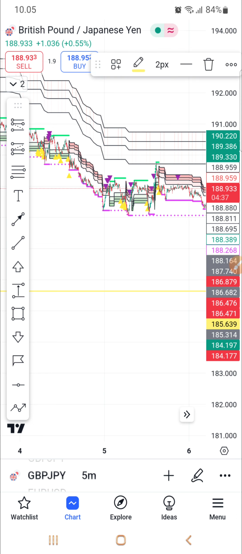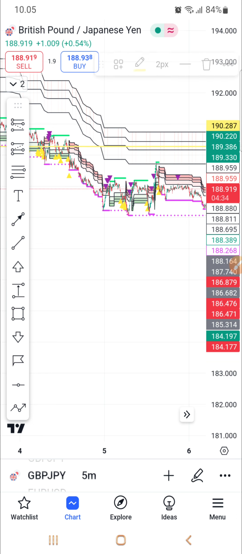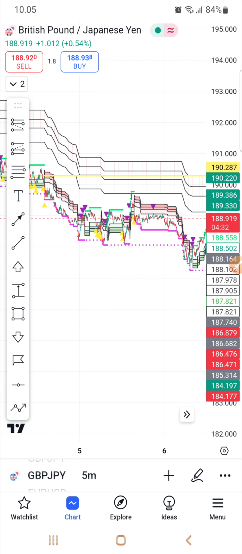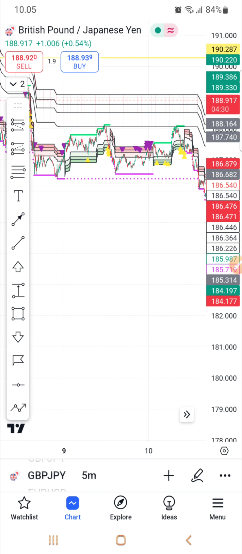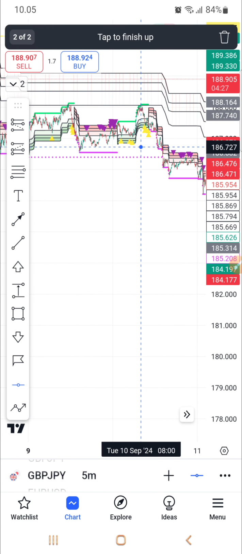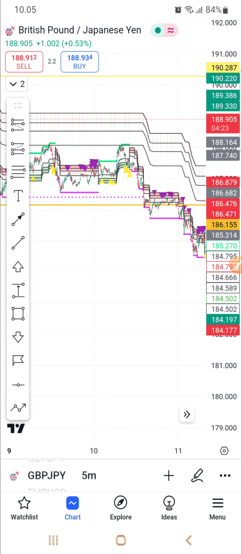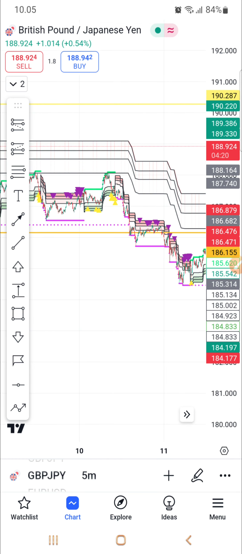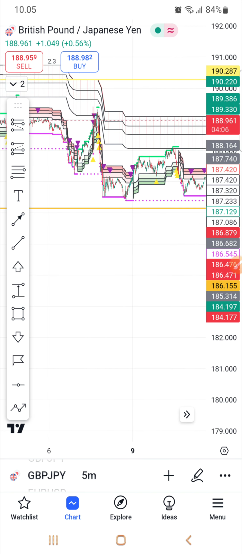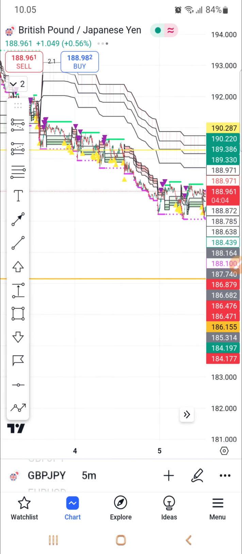How many pips have you lost? 190.28 going down to 186.15, for what? 400 pips. Can you hold a position for about minus 400 pips in one open? Once again, one open. And I don't think so.